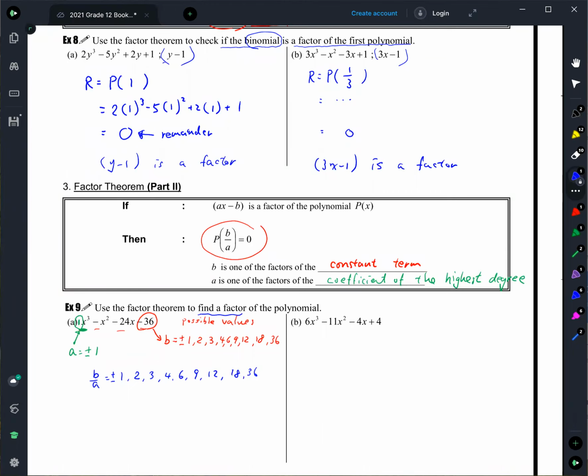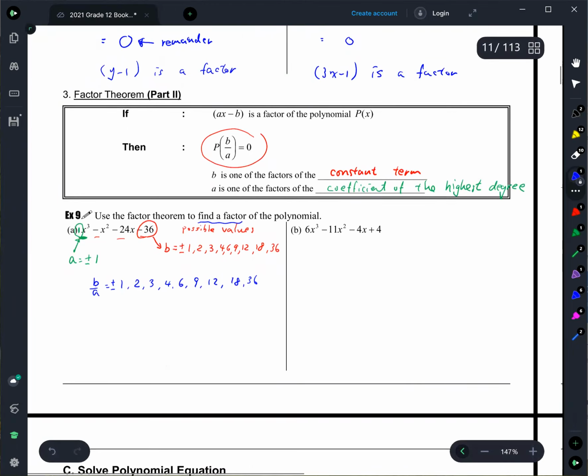You just have to see if you're lucky to get the first one correct. You need to try it out. So please write down the list. We're going to go over the list. Let's see how many tries we need.